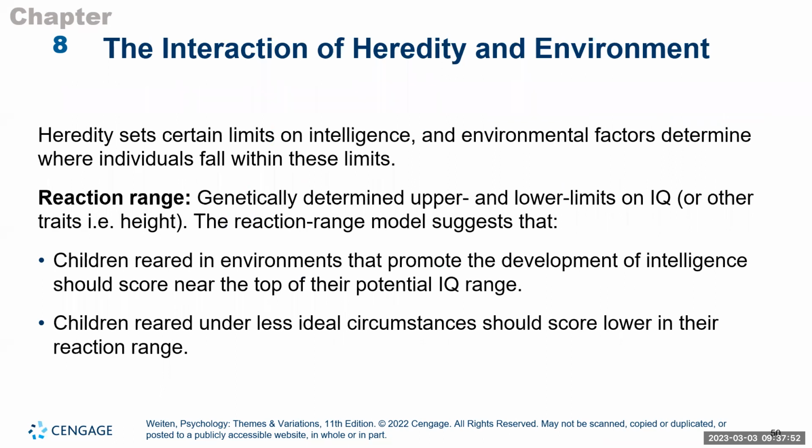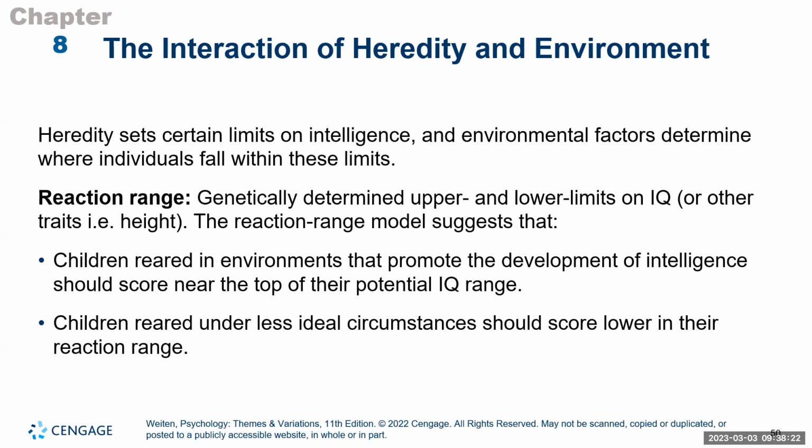All right. So one of the last things we're going to talk about, when we talk about heredity and environment, is that there is an average and a limit to intelligence for a single person, and environmental factors help determine where individuals fall in those limits. Okay. So if a person comes out of the womb, they are automatically geared to be a certain intelligence, right?